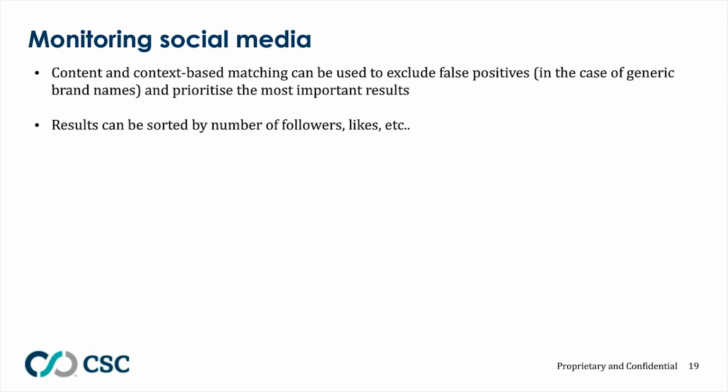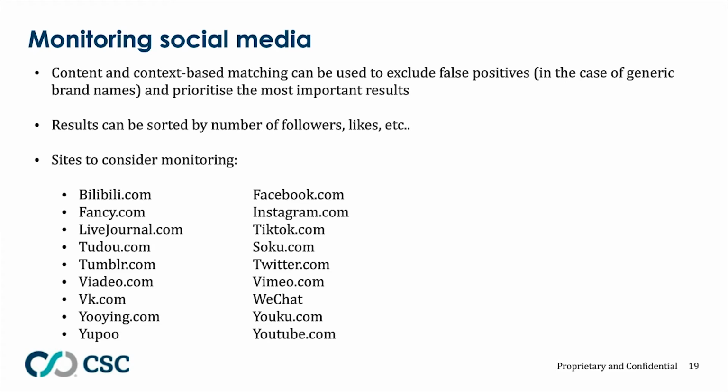We have various different scoring mechanisms and ways of prioritizing results. Typically on social media, it's useful to sort the results by the number of followers, the number of likes, etc., because that then allows you to focus on the infringers that are having the biggest impact and have the widest audience. We would also suggest you consider monitoring any or all of the following sites.